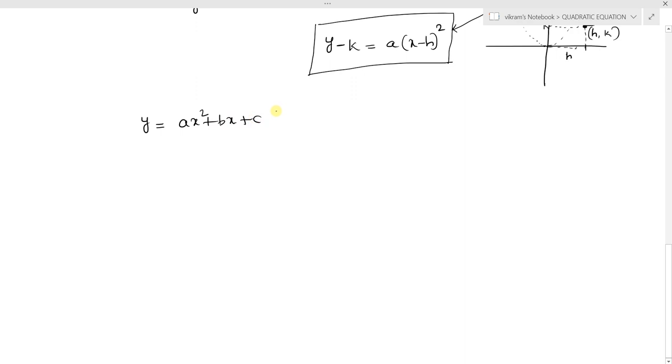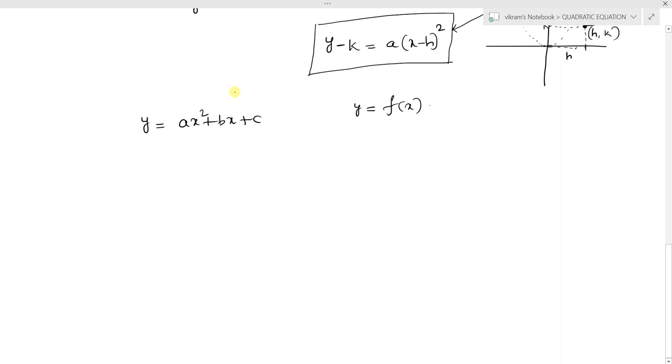In general, y can also be considered as f of x. So f of x equals a x square plus b x plus c, and we are representing it with y equals a x square plus b x plus c.